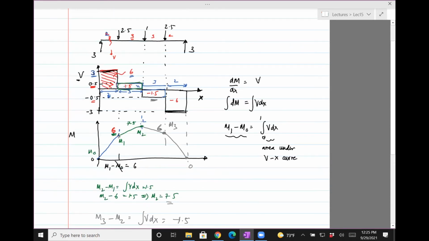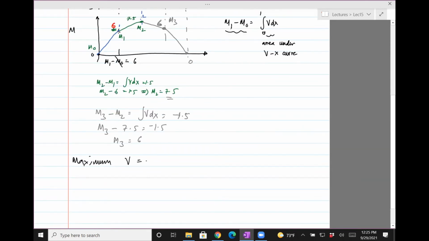So there's a high chance that this beam will fail either here or here when the maximum shear stress is reached. So we only need the value. So it's 3.